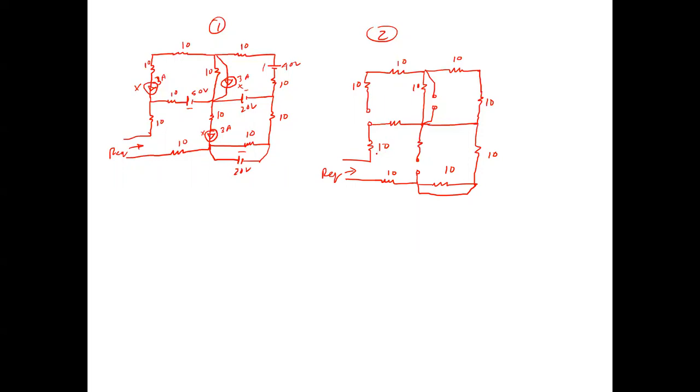Okay, all are clear? Yes, sir. Okay, now this point to this point is open, so current not passing this point. Okay, and this point. So your current flows to this point and this point.